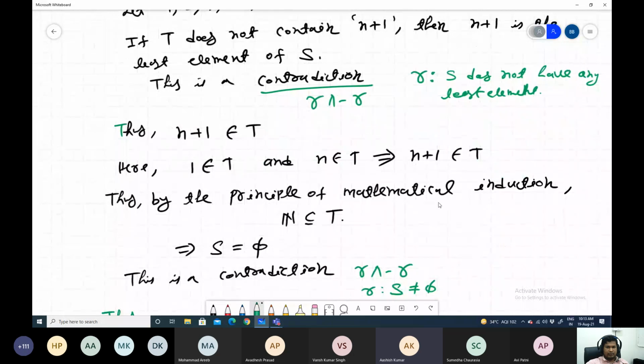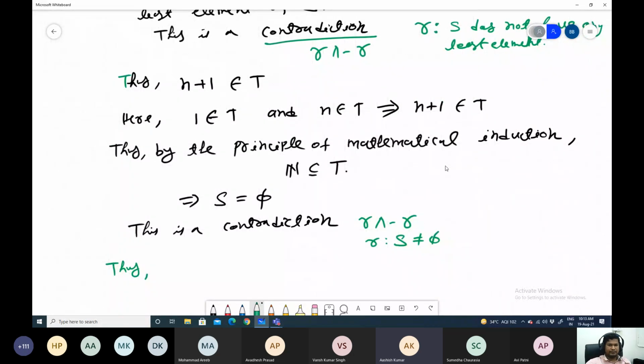Sir, one more question. Between strong induction and induction, which is stronger? The strong induction is stronger, in the sense that there are some problems where you cannot use mathematical induction directly, but you can prove them by strong induction. So in that sense, strong induction is stronger.